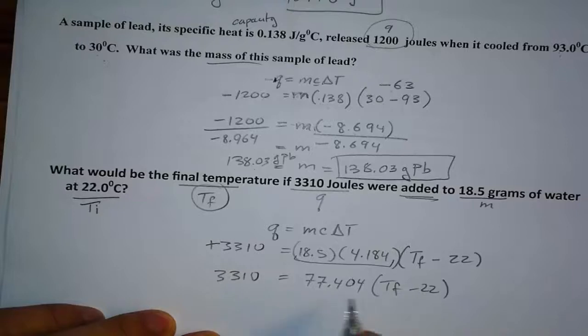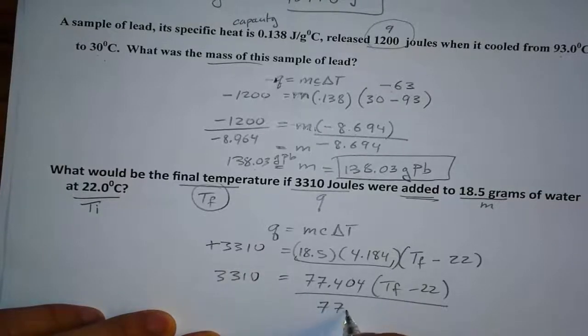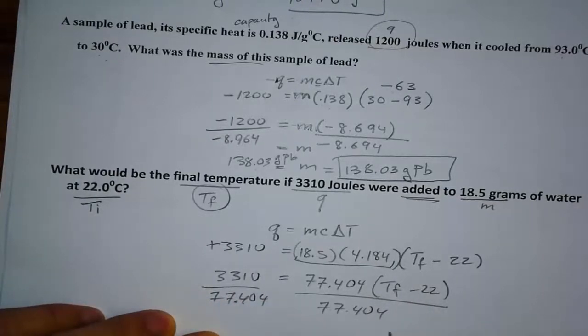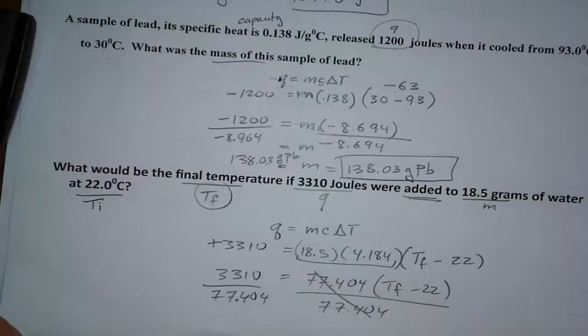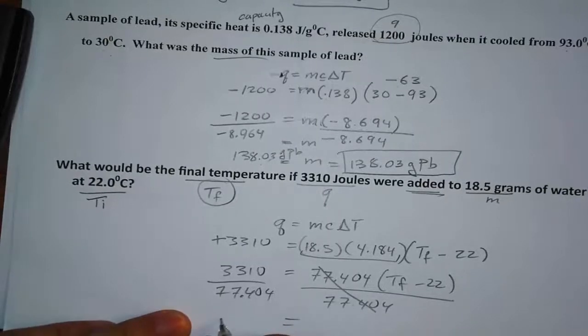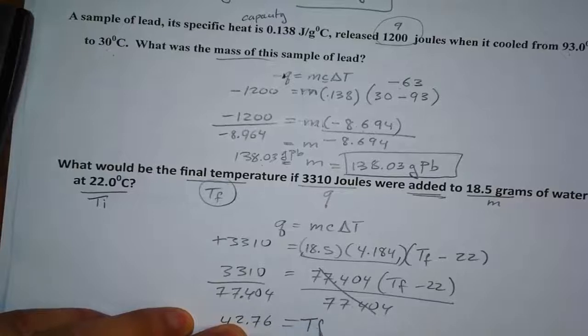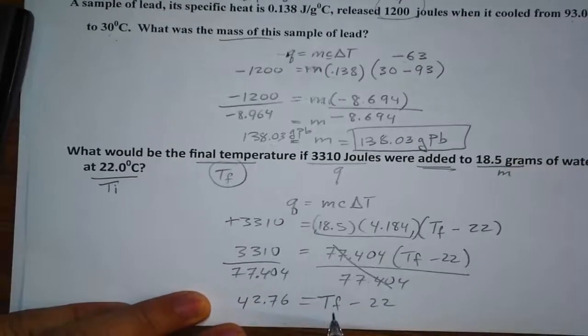Can I divide both sides by 77.404? That cancels out, of course. And we have 42.76 equal to Tf minus 22. Well, this is easy. You just need to bring this over here, right?